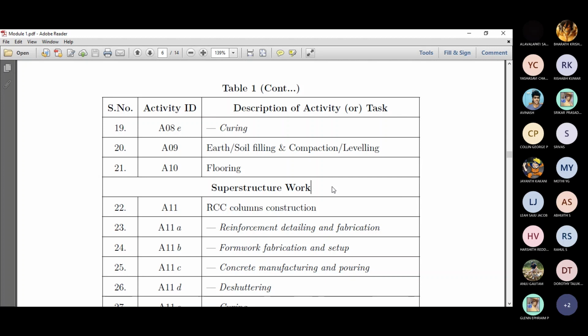And sometimes if you have a basement, the basement is also a structural entity, but it will be given as a substructure rather than a superstructure, even though it has all the elements like in the case of a superstructure. We will generally consider that to be a substructure.